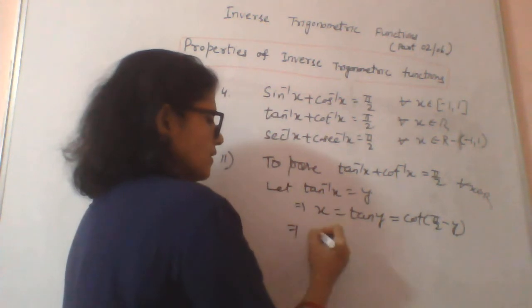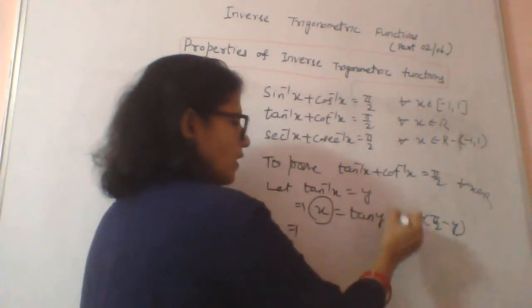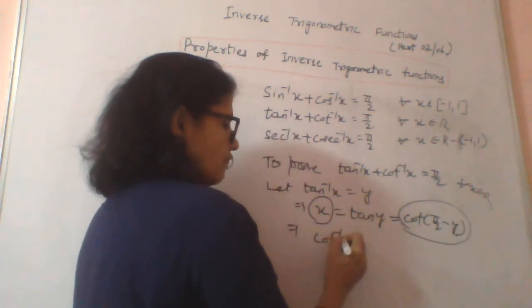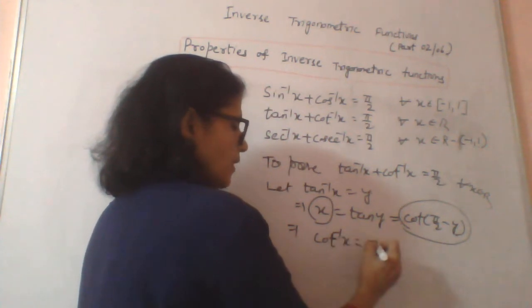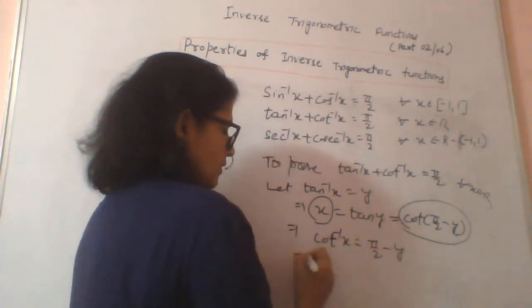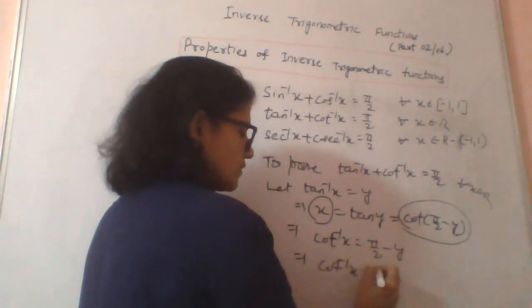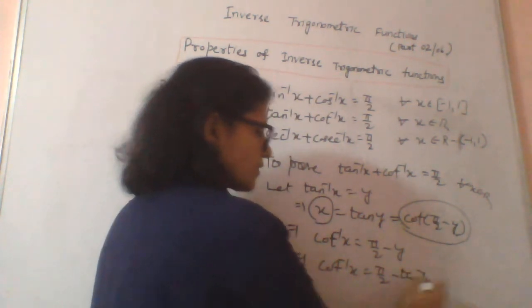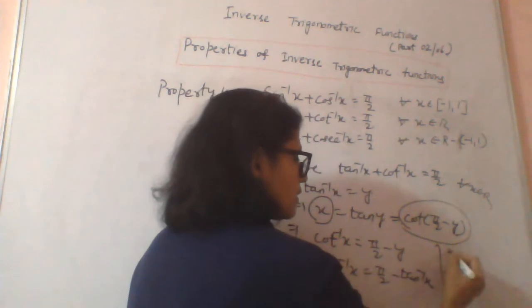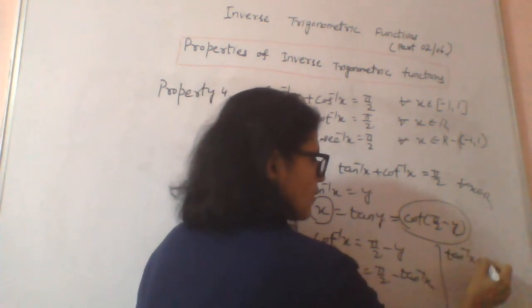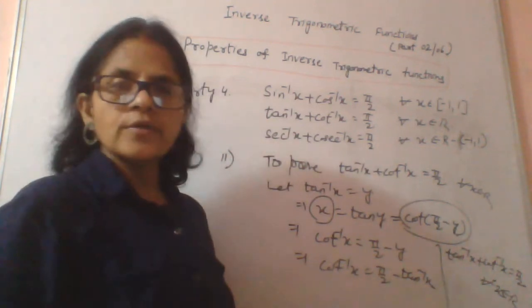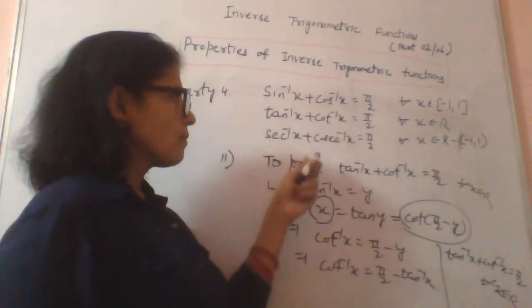So this implies x equal to cot of pi by 2 minus y, which means cot inverse x equal to pi by 2 minus y. It means cot inverse x is pi by 2 minus y, that is tan inverse x. So which gives us tan inverse x plus cot inverse x equal to pi by 2 for all x belongs to R. In a similar way, the other two parts you can do.